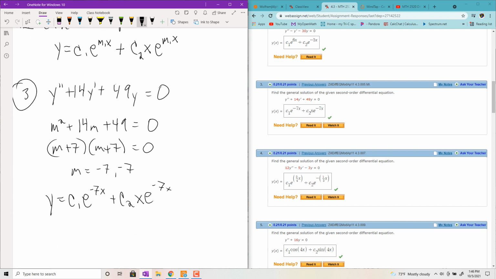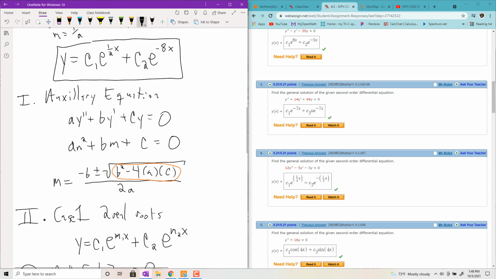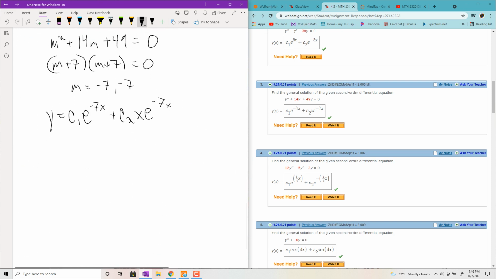Okay, the third case then is when that discriminant is less than 0, and then you'll have the imaginary ones. The way to get our final form for the imaginary ones is a little weird. So this is case 3, 2 imaginary roots. Officially, you could just literally plug the imaginary roots into the exponent.